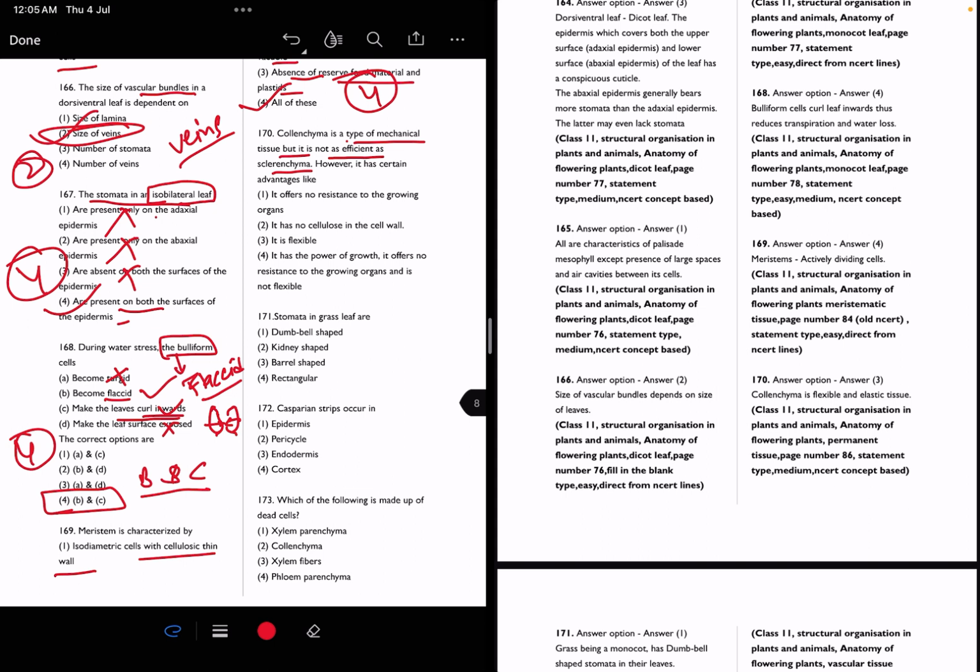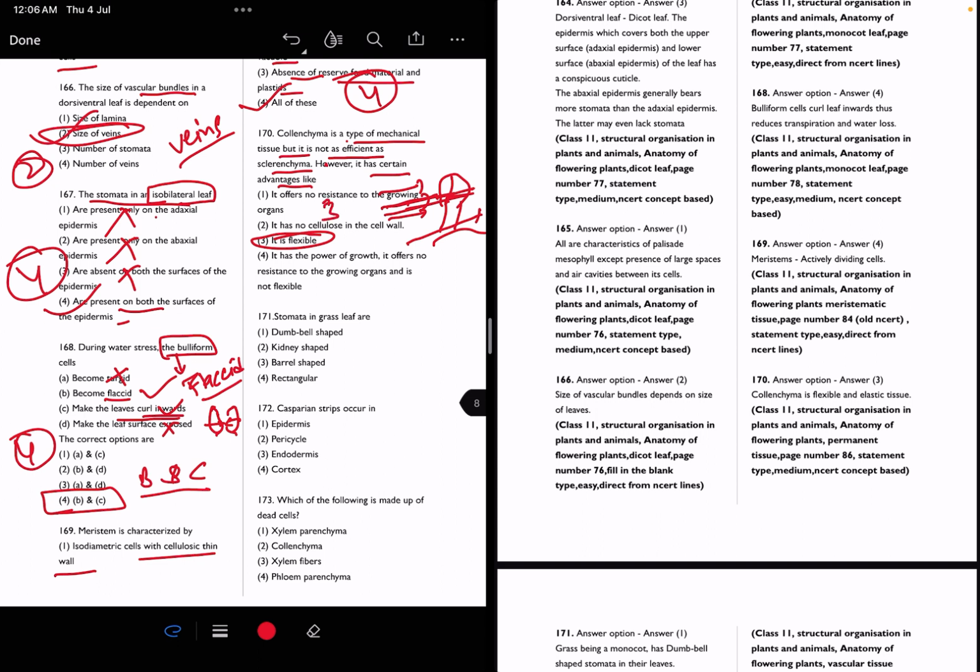The question asks about the reason. Collenchyma has a certain advantage: it is a flexible structure. If there is sclerenchyma and the air pressure is high, tissue damage or leaf tearing will occur. But collenchyma is flexible, so it bends and the air passes. So flexibility is its main advantage.